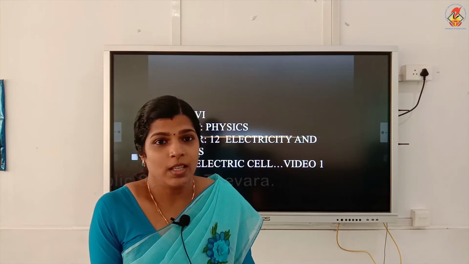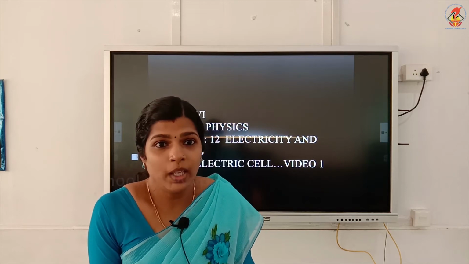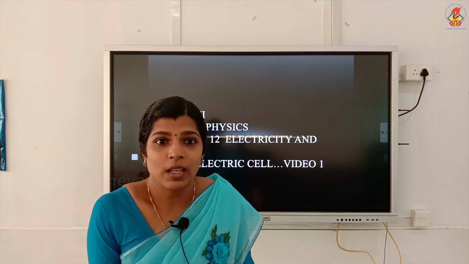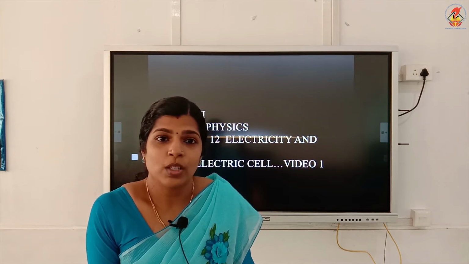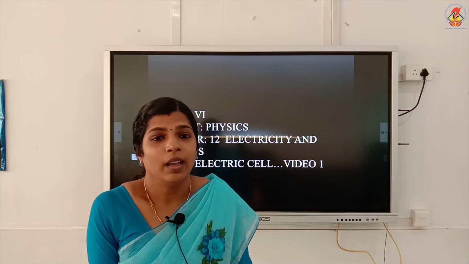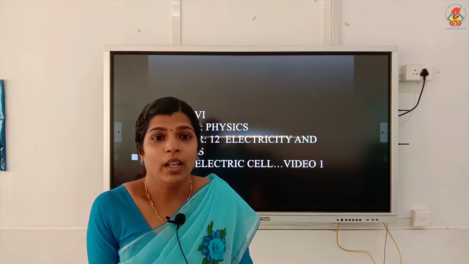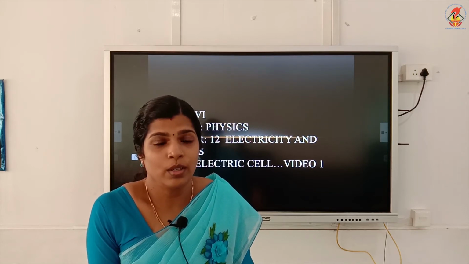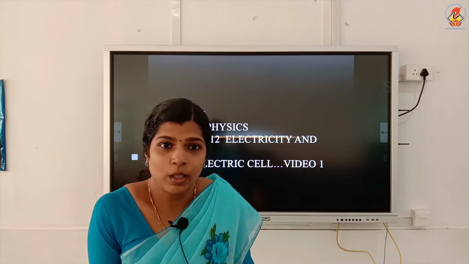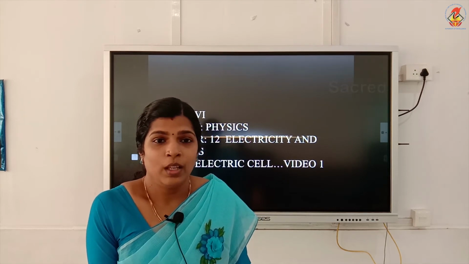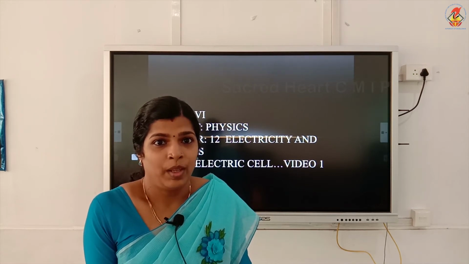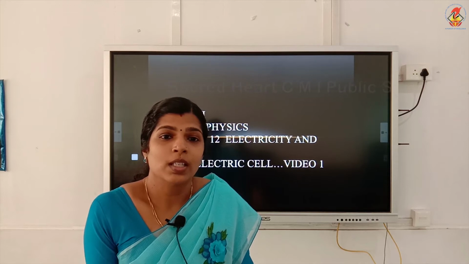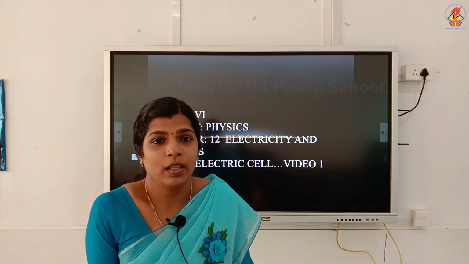In winter, we use a room heater to heat our room, and that also works on electricity. An electric iron, used to press our clothes, also works with the help of electricity. And with electricity we can light a bulb.